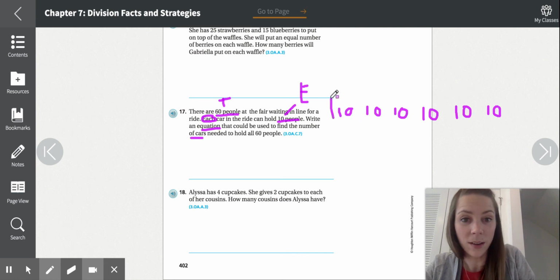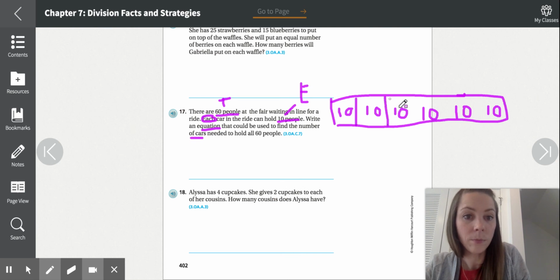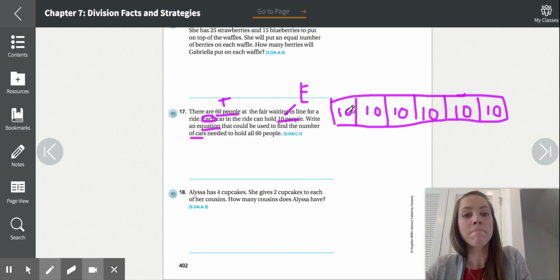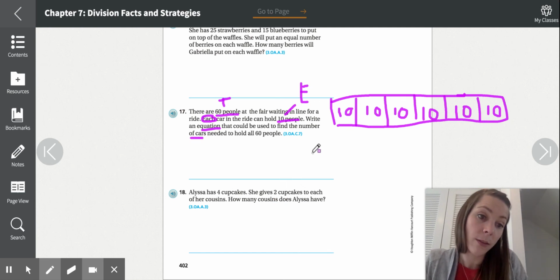And what I could do is just make these into a bar model or a roller coaster car. So I know my answer is 6 cars here, but now I have to do an equation.